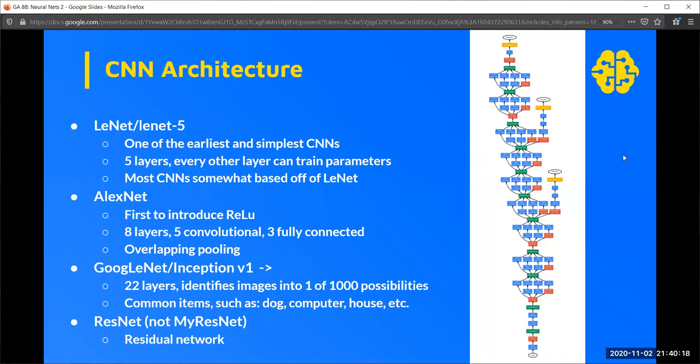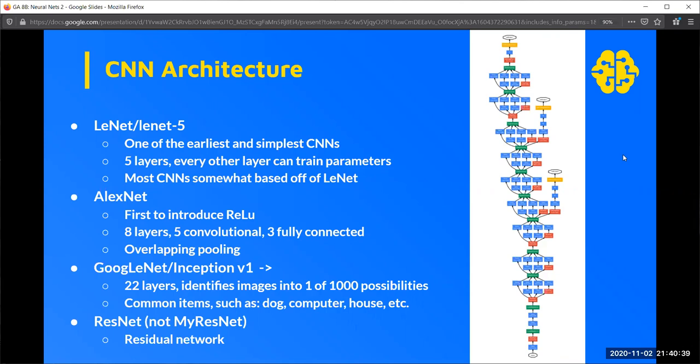Instead of using ReLU to stabilize things, they were using this other type of function that is a lot more inefficient. So this was the first to introduce ReLU, and everyone was like, wow, that's amazing. That makes it a lot more accurate.